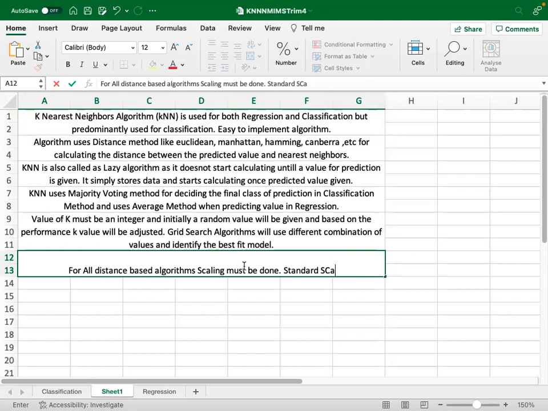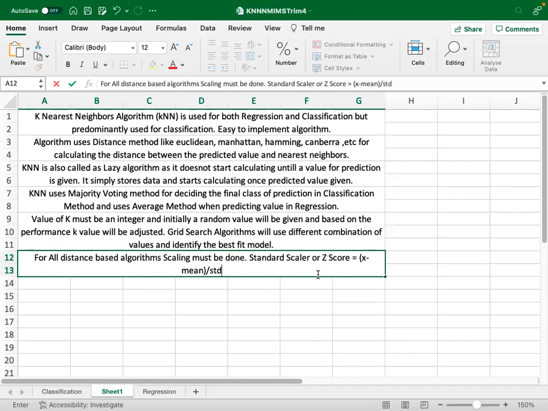What is the standard scaler? Z-score. Standard scaler or Z-score is equal to X minus mean divided by standard deviation. We convert the values into Z-scores. Why is scaling done? To reduce the size of the values.